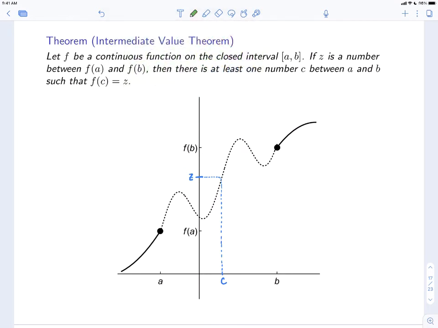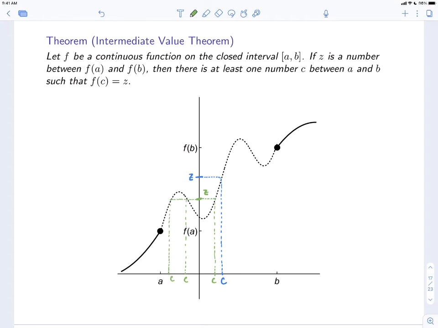So if I was to choose another z value, say down here, then I could find another input value that gives me that z. C. But in fact, not just one, there's one over here too. So there's two, and in fact, there's not just two, there's three. So here's another possible c value.